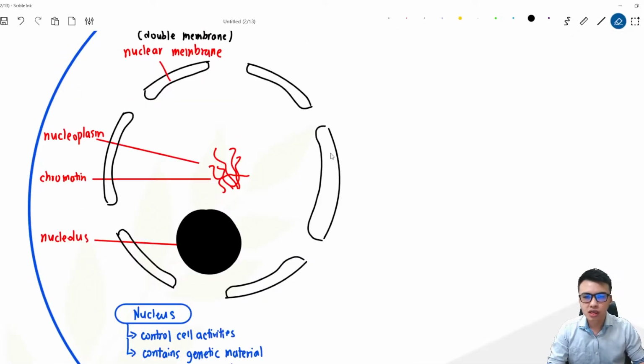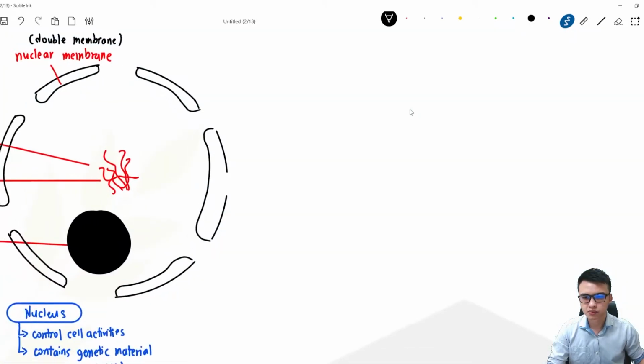Let's continue. The next organelle that you need to know is the endoplasmic reticulum. The endoplasmic reticulum, you can draw it like this. It extends out from the nuclear membrane, shaped like this.